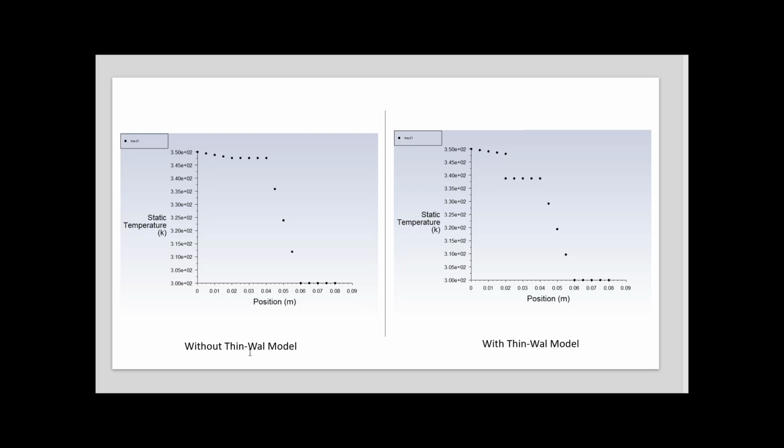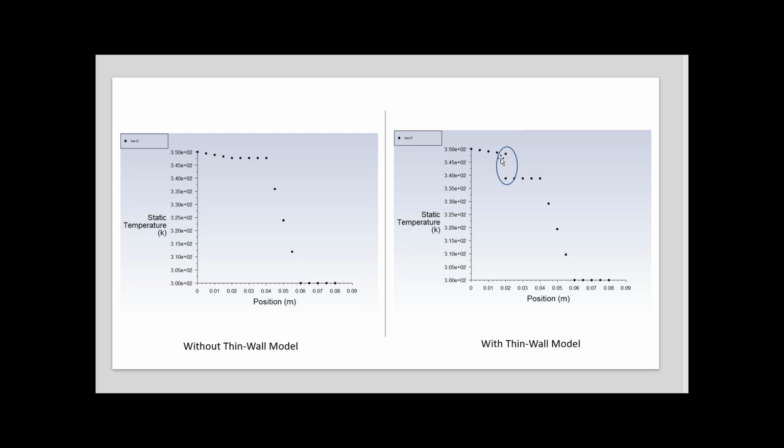This is the case without the thin wall model, and this is the case where the thin wall model was used. Then, as you can see here at this point, is the effect of the thin wall model, and you can see that it is very important.